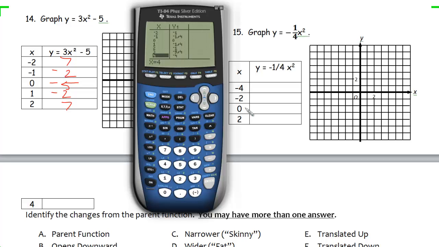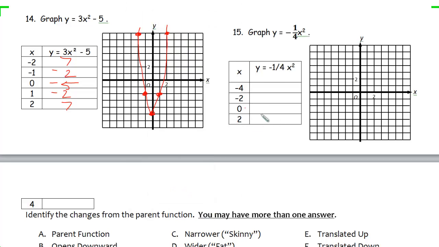So we'll plot those. And it looks like this one got cut off here. We'll just plug it in. So this one is actually at the origin.